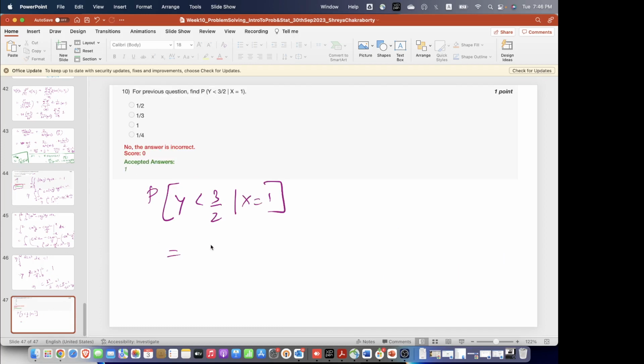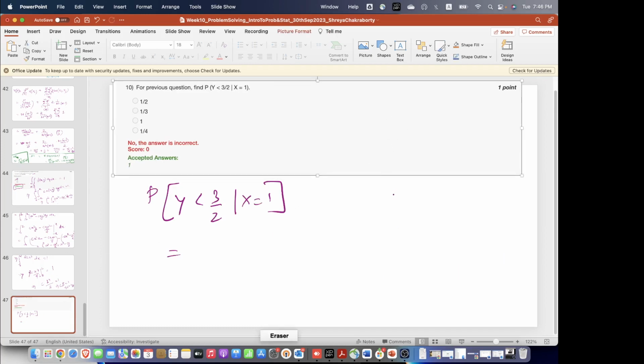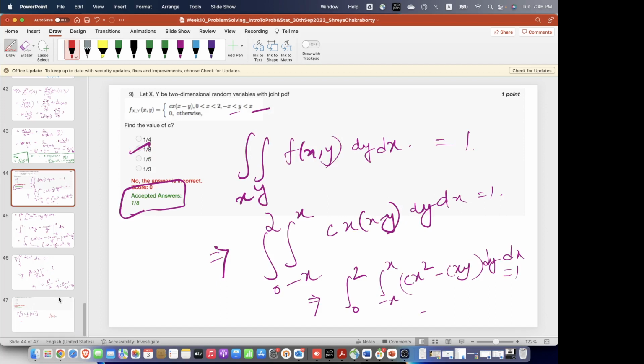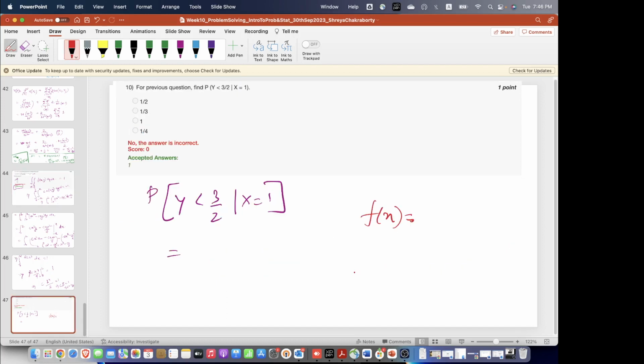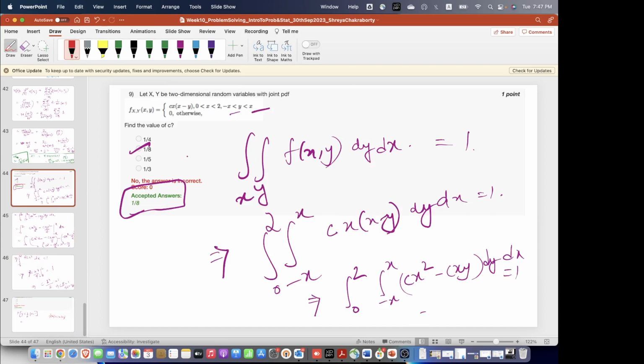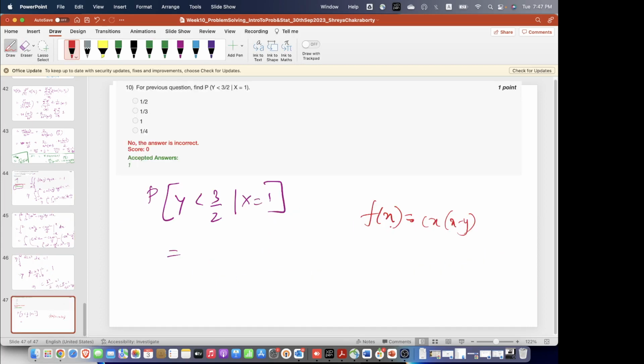So if x is equal, fx was how much? Fx was cx into x minus y, when 0 less than x less than or equal to 2, and minus x less than or equal to y less than or equal to x.